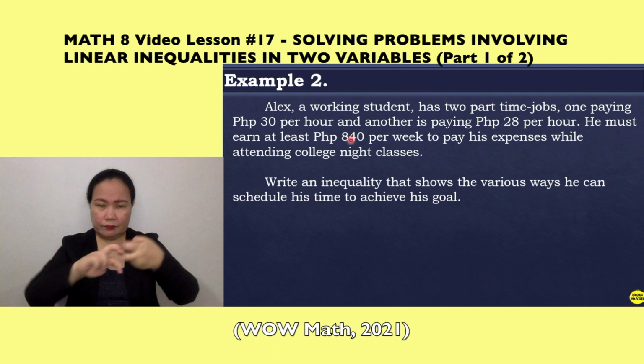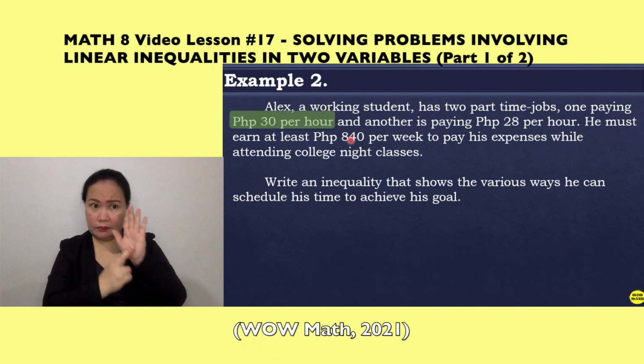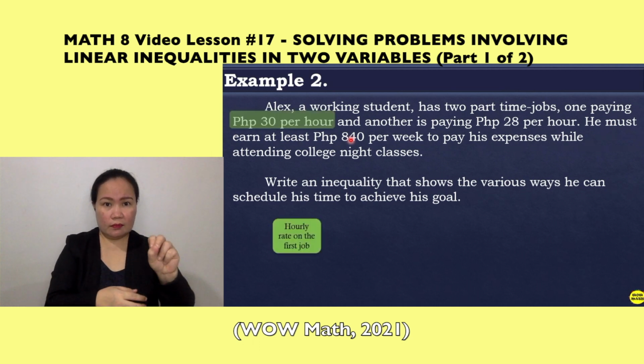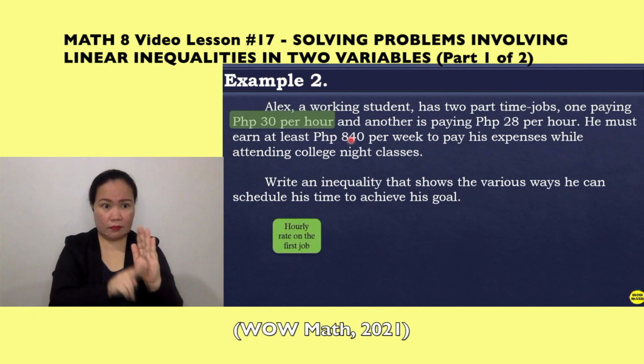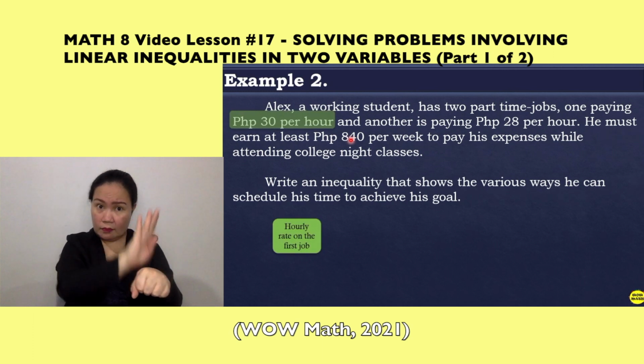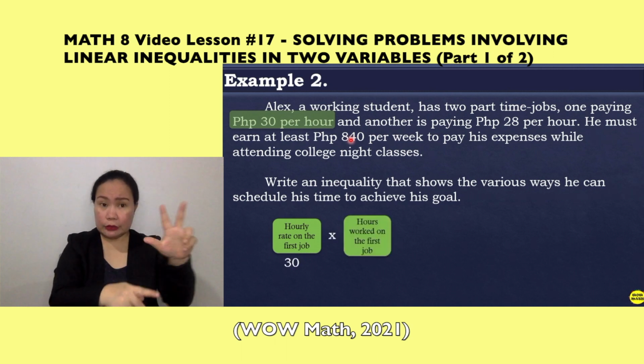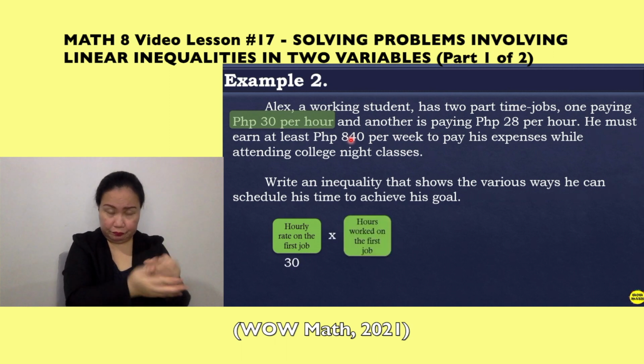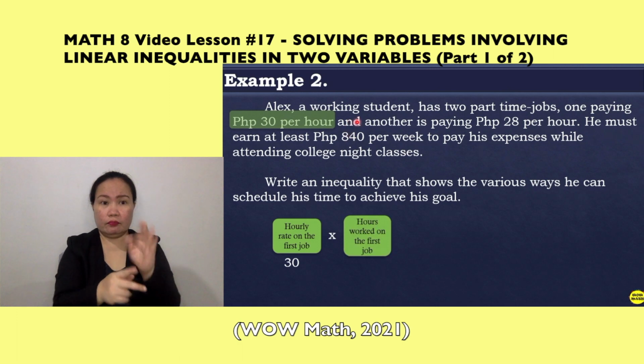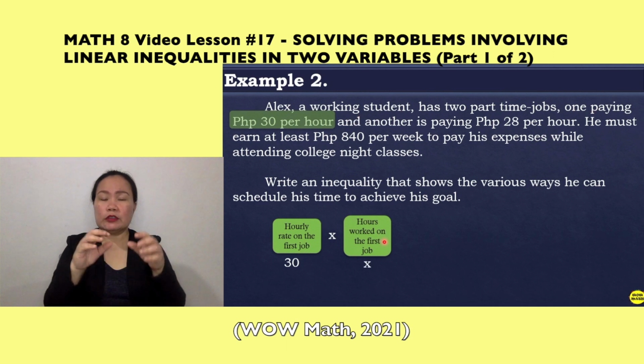And then, represent. Okay. So, meron tayong 30 pesos per hour. So, represent natin siya. Ito yung hourly rate niya dun sa first job niya. So, 30. Ita-times natin siya kung ilang oras siya mag-work doon. So, therefore, i-represent natin yung number of hours niya na magtatrabaho siya dun sa first job as X. Okay?